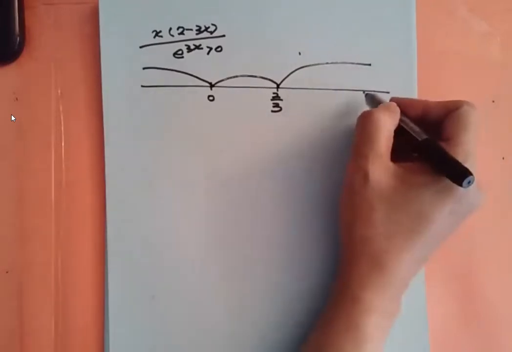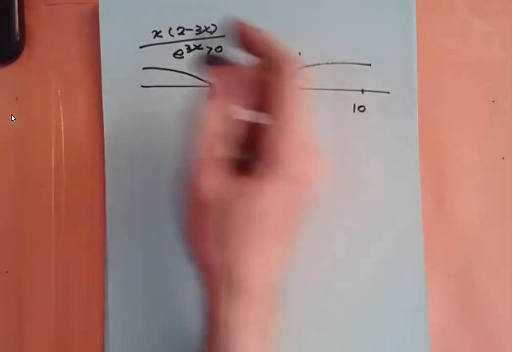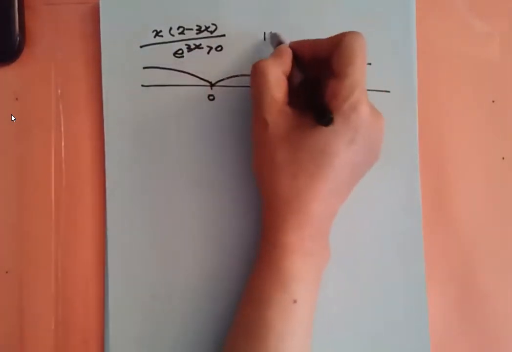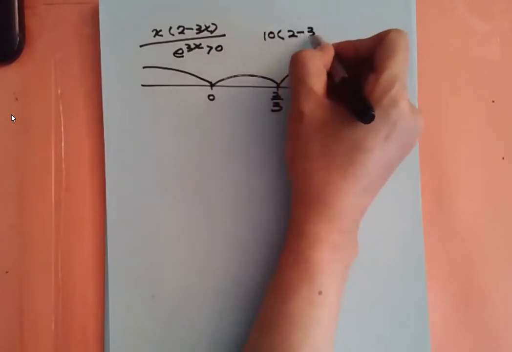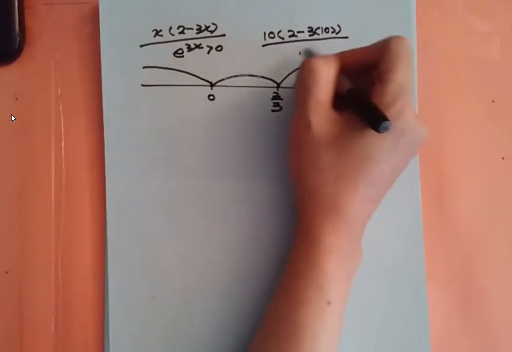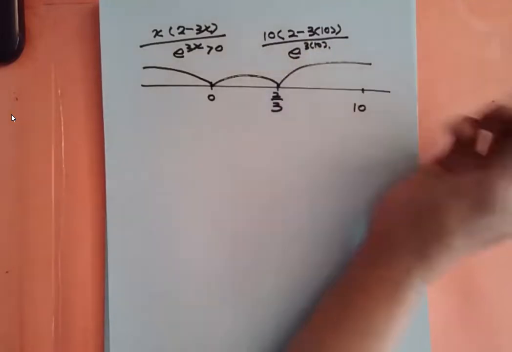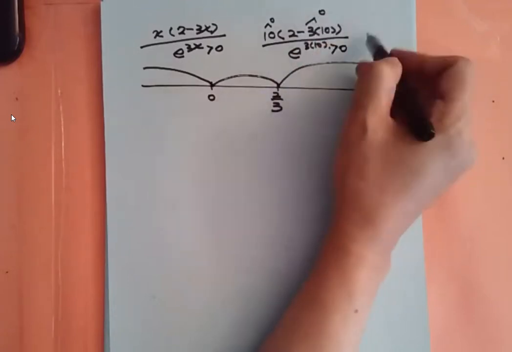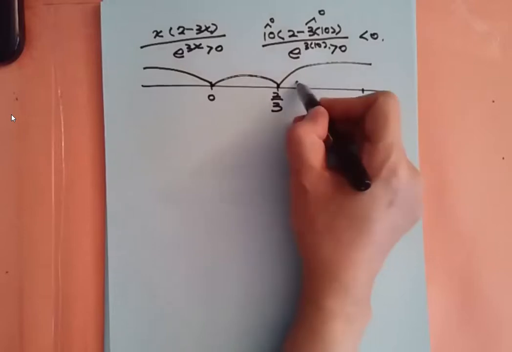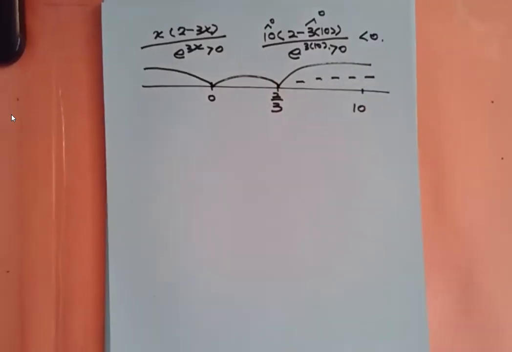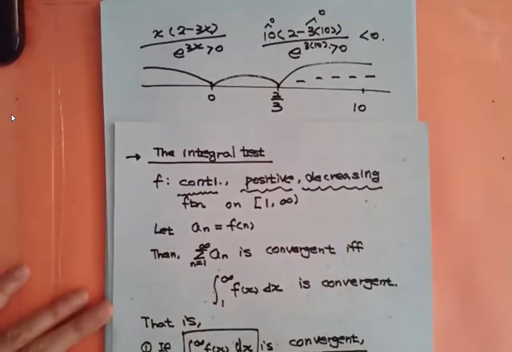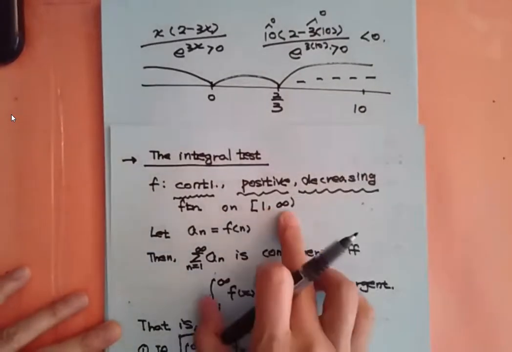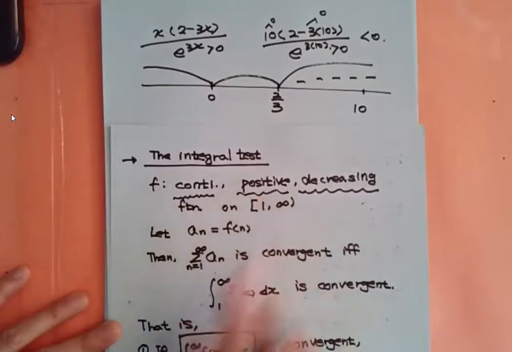To do that, we will just put 10 in here. Then we have 10 times 2 minus 3 times 10 over e to the 3 times 10. This is positive and this is positive. Obviously, this part is negative, and so the entire thing is negative. And so all we have to know is that part is negative, because the condition of the integral test is decreasing from 1 to infinity, or just any finite number to infinity.